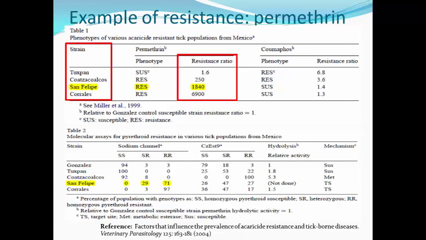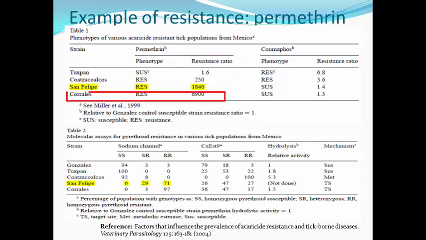The higher the resistance ratio simply means that we need to expose that strain to a concentration of whatever number you see there above the one needed to kill it if it was susceptible. And as you can see, the most resistant one would be the Corrales, with the San Felipe intermediate between the Coalsacas and the Corrales.